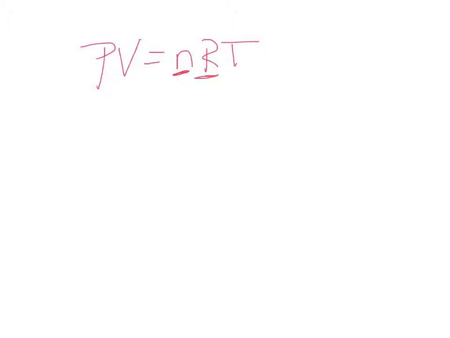So the n is going to be the same. And so this nR is a constant, which is equal to PV over T.